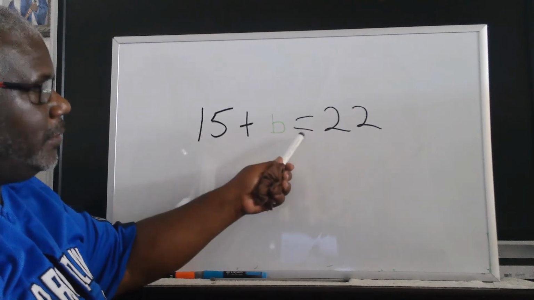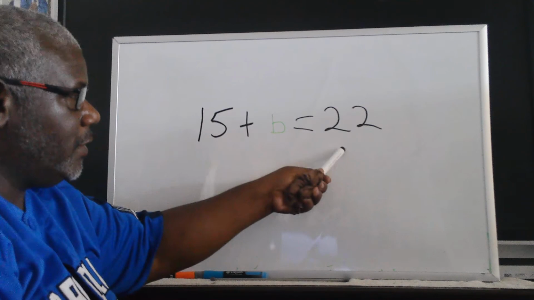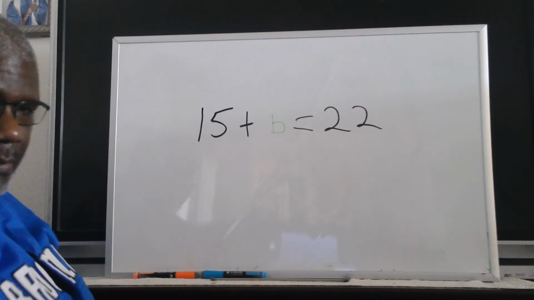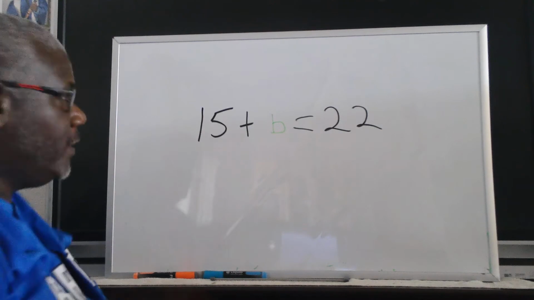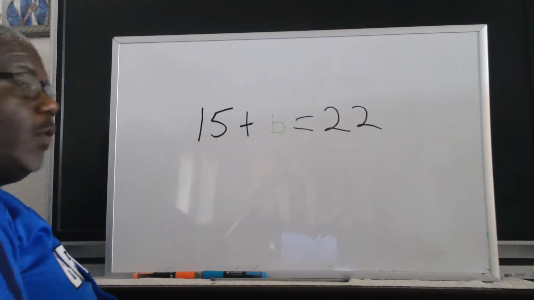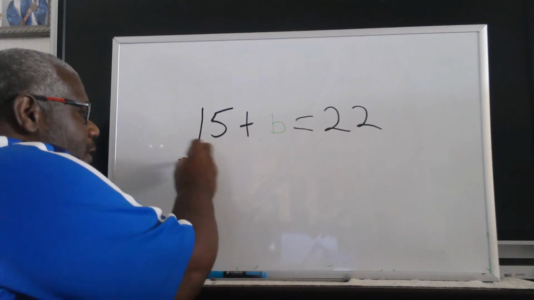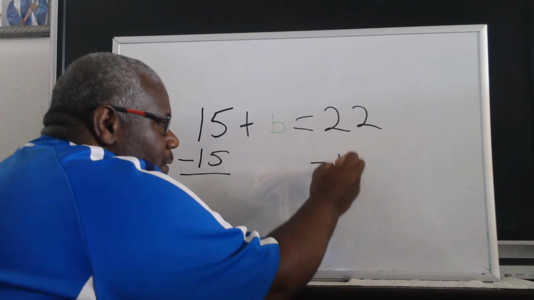Remember our scale, right? What's over here has to be the same as what's over here. In an addition problem, what we want to do is get rid of what we don't need. So to get this by itself, we have to remove what we don't need. We don't need this 15 over here. We also don't need it over here.